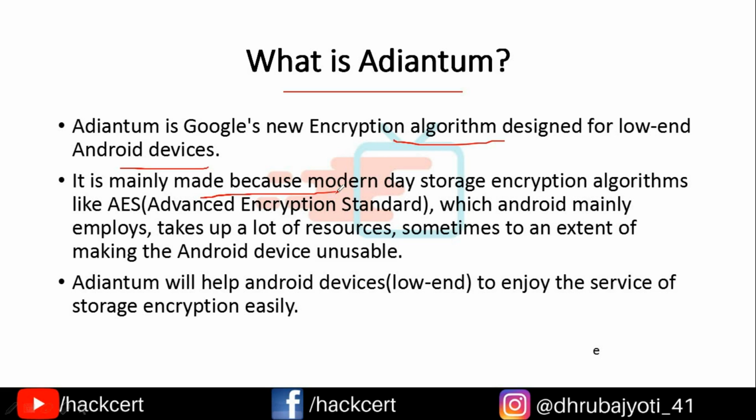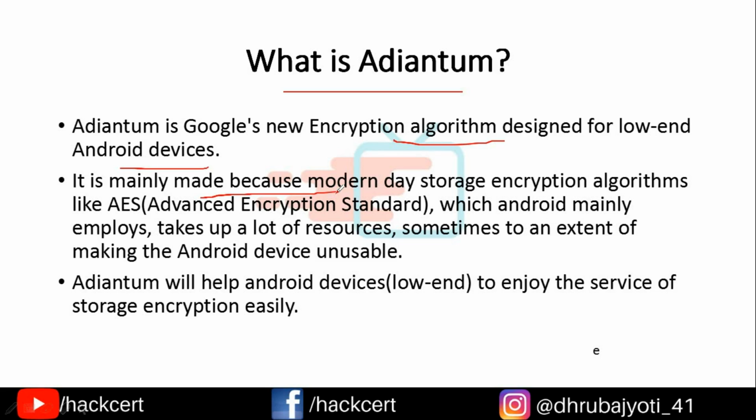If you go to your phone's settings, you will see an option named storage encryption over there, or you may see the option named encrypt phone. This option will be present in your settings menu.